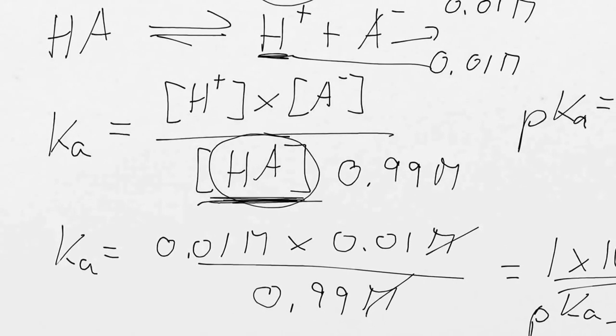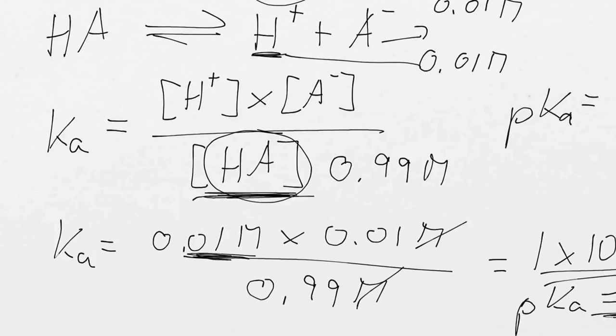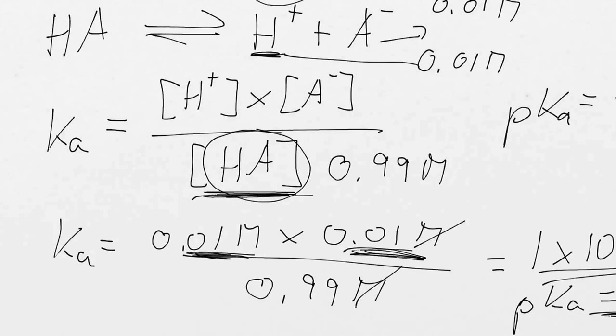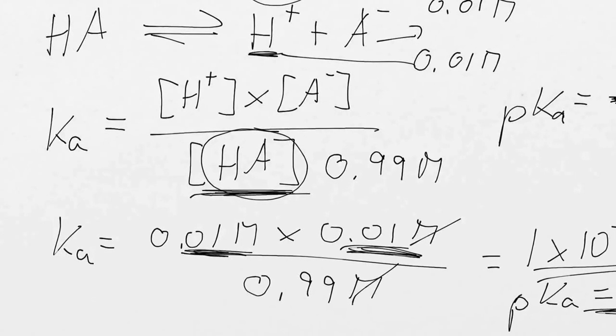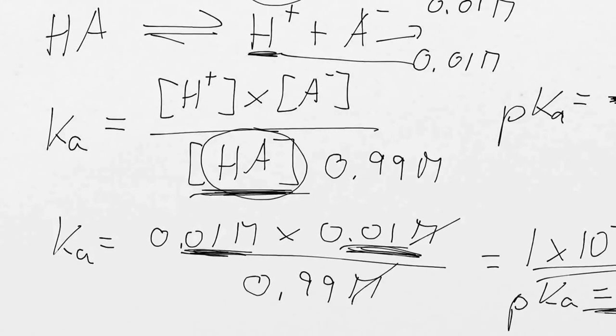We took 1 molar minus 0.01 molar, and that gave us 0.99. So that's pretty close to our starting point, because the acid is so weak, it doesn't really want to dissociate.